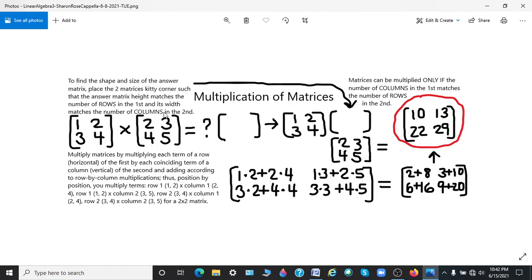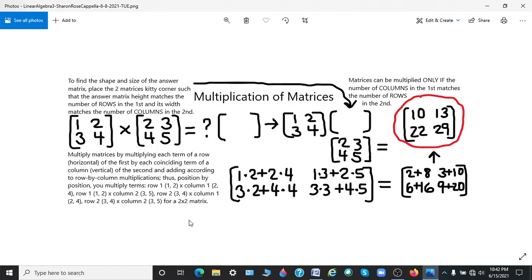So what this yields is you're writing down all of your work. 1 times 2 plus 2 times 4. So then you have 2 plus 8. And the answer is 10 for that first position. They correspond in the end.